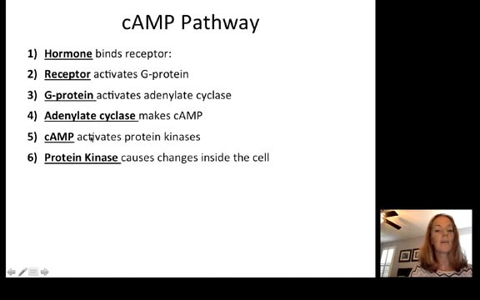Cyclic AMP will then activate a series of molecules called protein kinases. Protein kinases are going to add phosphate bonds, we call that phosphorylating proteins, inside the cell and can then change the activity of various proteins inside the cell.